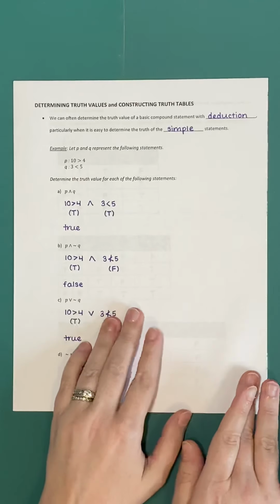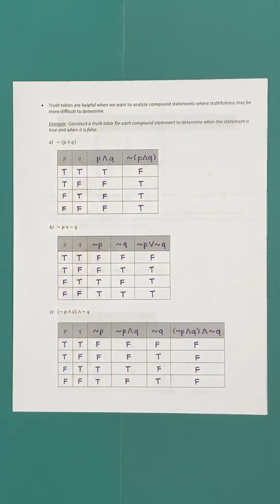So we'll start small and then we will add on as we go. We want to take each of these compound statements and construct a truth table for it. What we're going to do is layer in operations. Just like when we translated things from symbols to words, from words to symbols, when we applied set operations, you do one thing at a time.